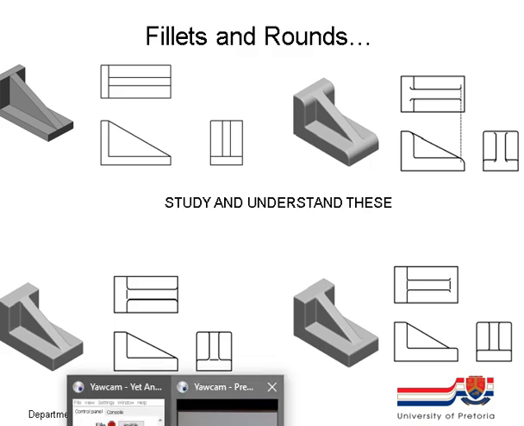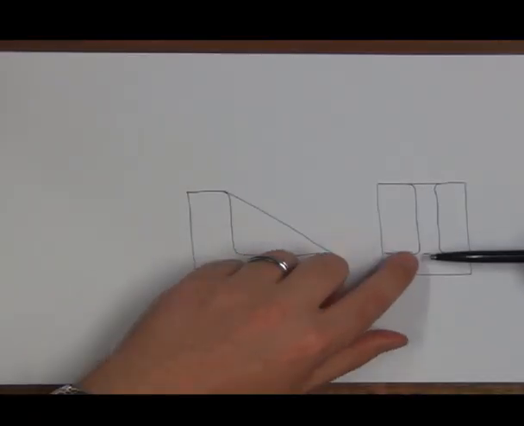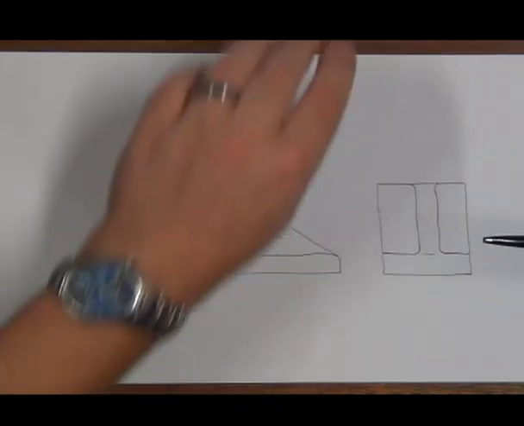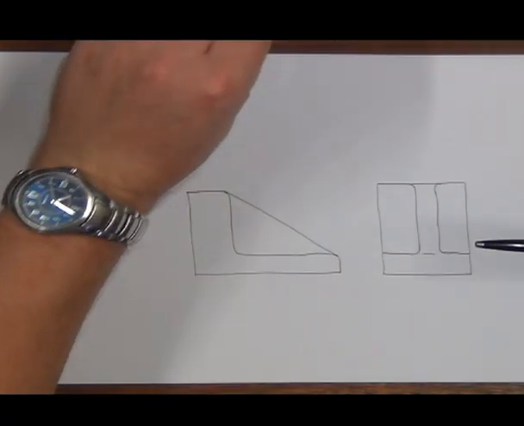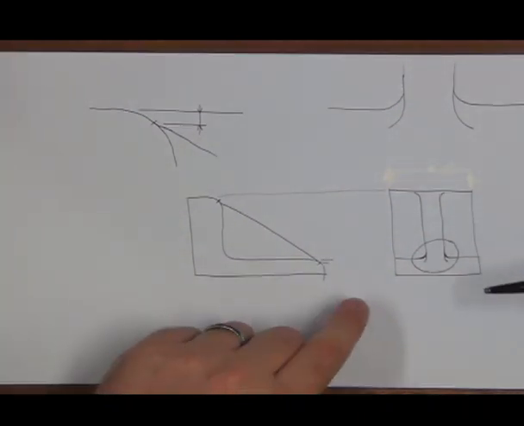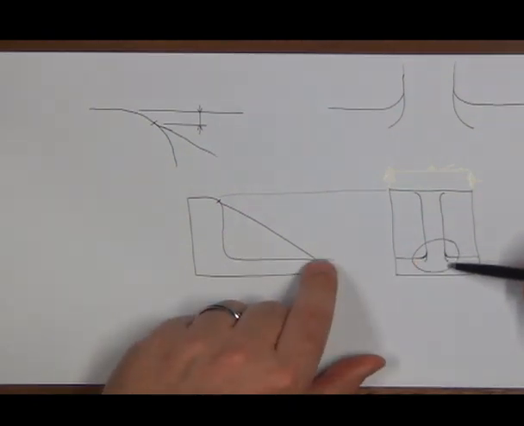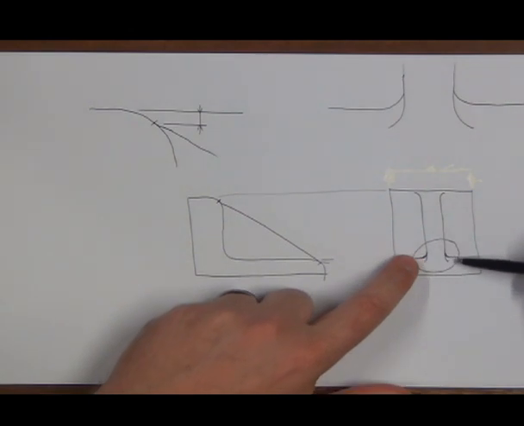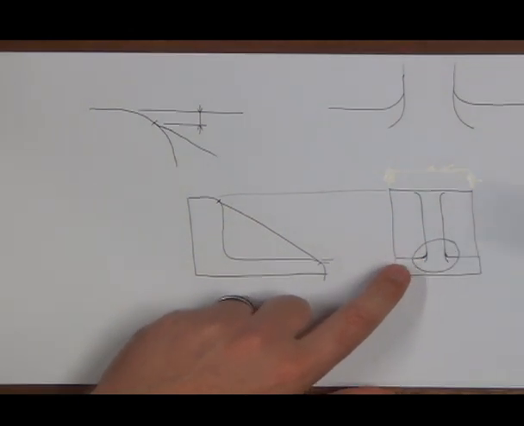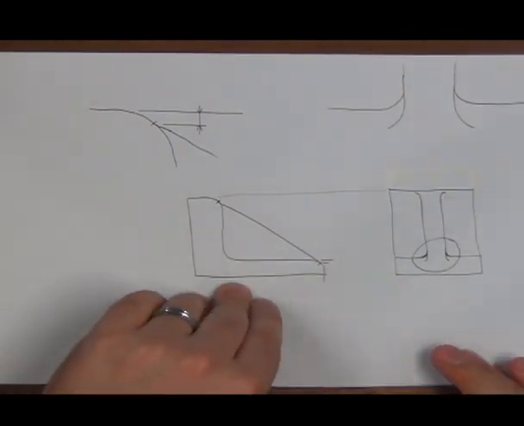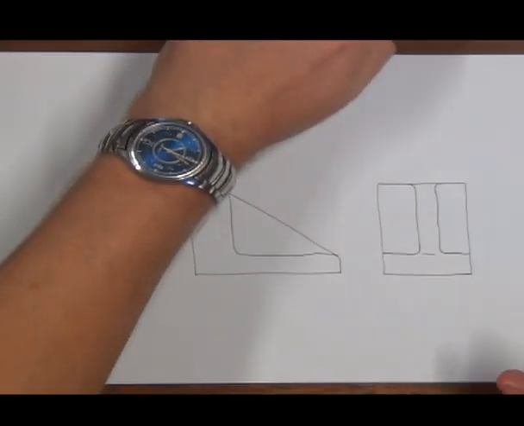So the important thing is that if you draw this wrong, basically what you're doing is you are overriding the manufacturing process. So if I didn't let this big radius one extend past the edges, because I can see the vertical difference, and I just let it touch the sides, I'm basically changing how this component will be manufactured, and that is not allowed.